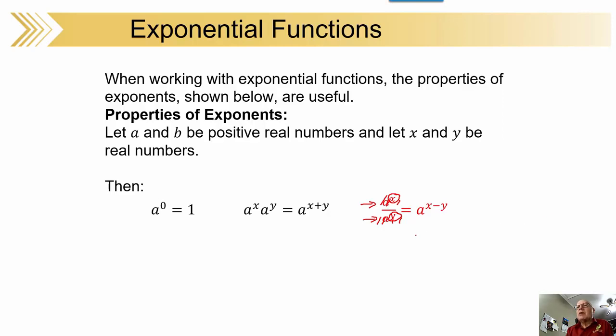An example, 2 to the 6th over 2 to the 2nd. This means 2 times 2 times 2 times 2 times 2 times 2, and this means 2 times 2. So it takes care of one, it takes care of another one, so you end up with 4 of those 2's. Shortcut, just subtract 6 minus 2.